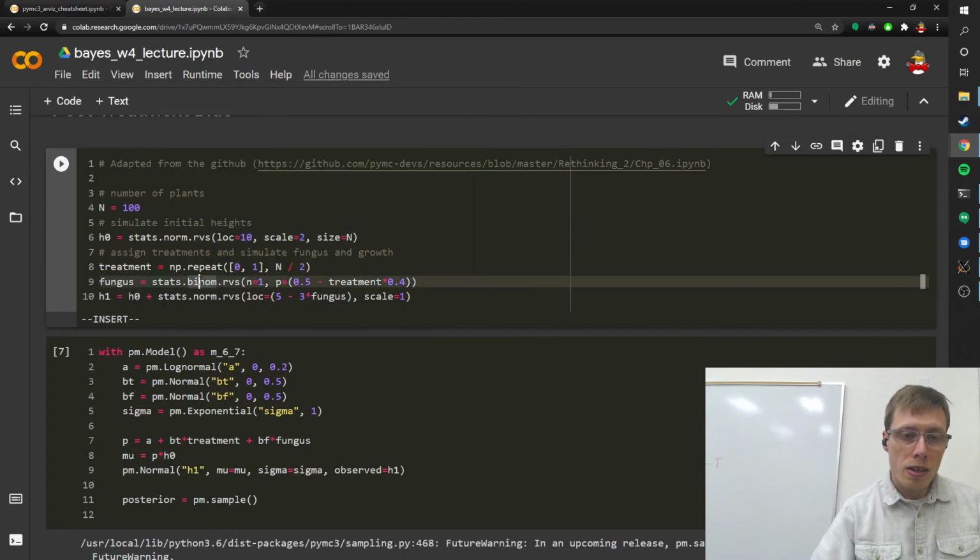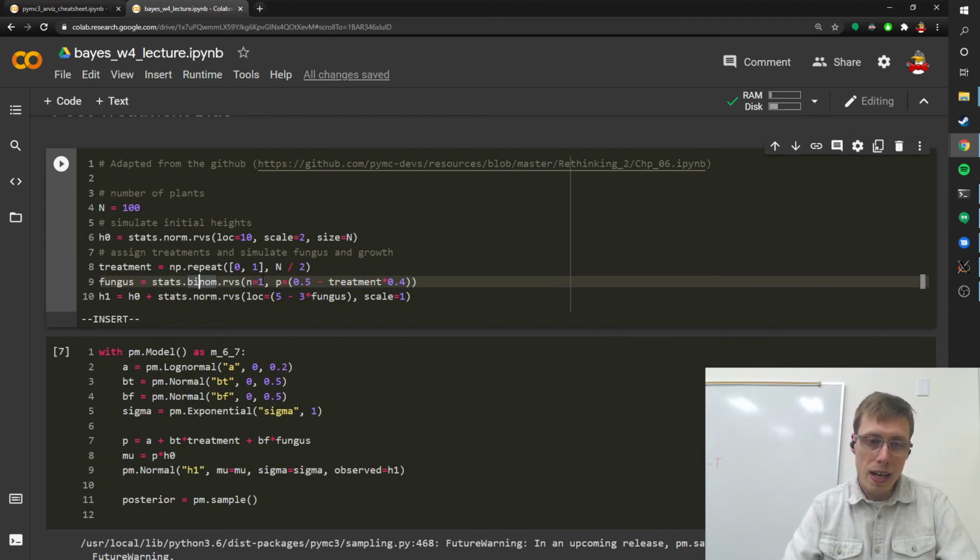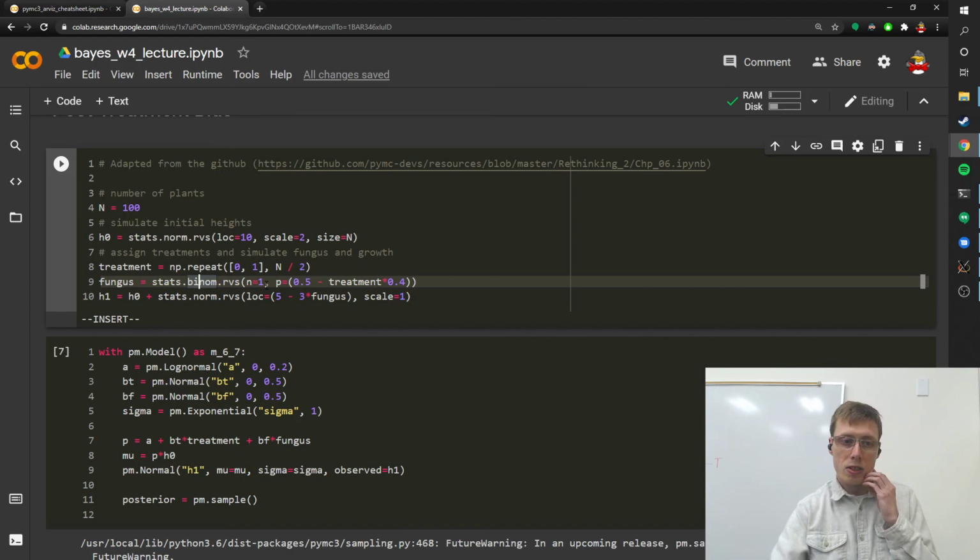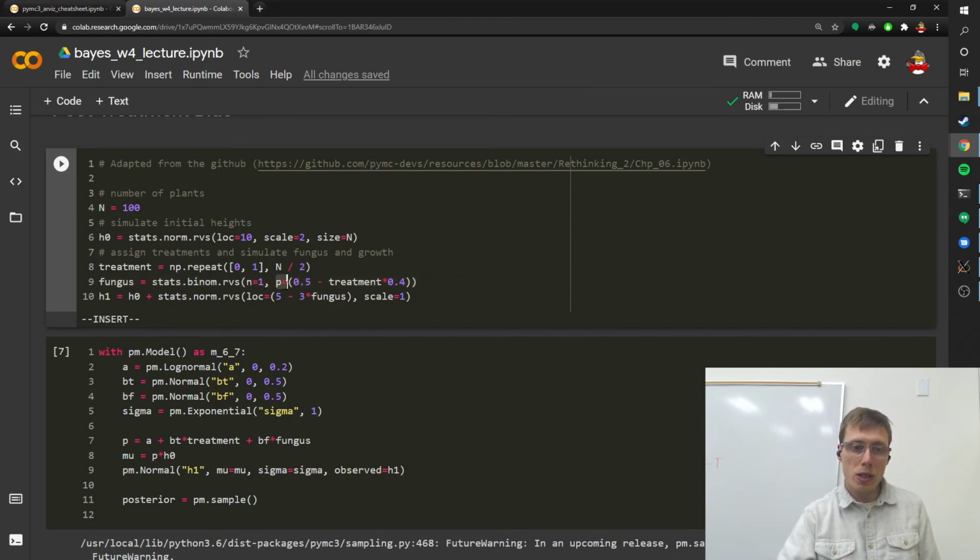Then to figure out how much fungus they have, you draw a random value, essentially flipping a coin, but the probability of getting the fungus is 50% minus the treatment times 0.4. So if treatment is 0, then that whole term is 0, and you have a 50-50 chance of getting the fungus. If you do get the treatment, then that reduces it down to only a 10% chance of getting the fungus.